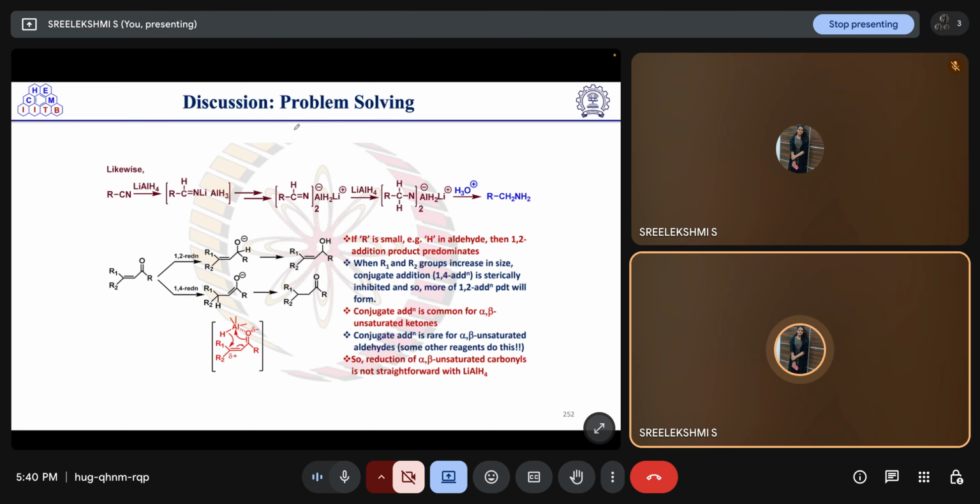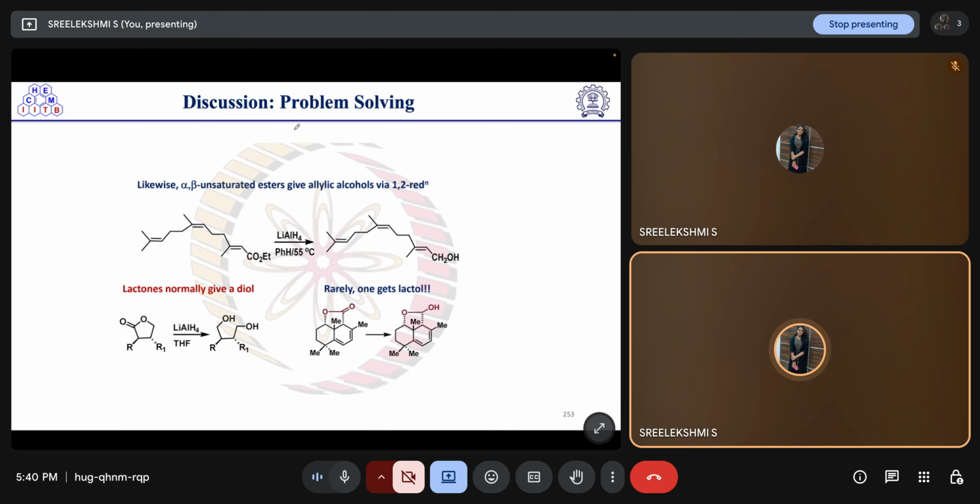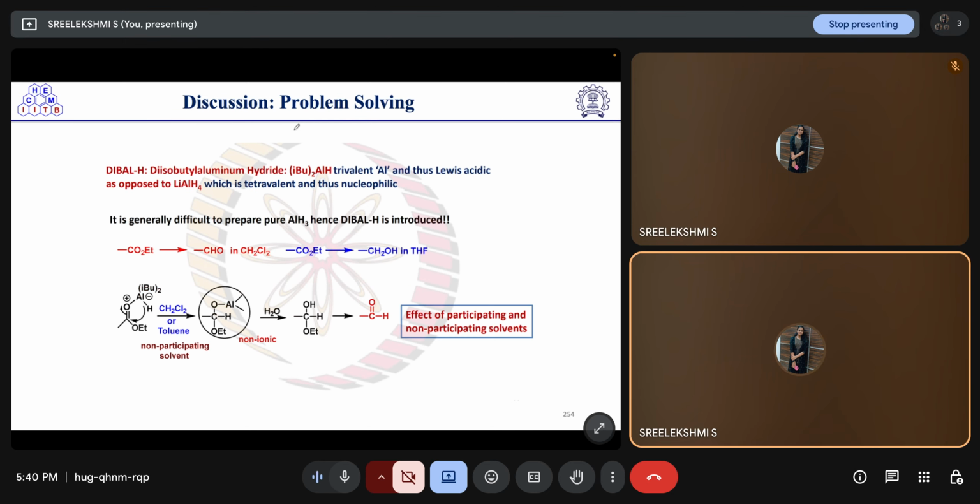So this is the mechanism of LAH reduction of nitriles. I am not going into the detail, and these are some examples. Then we have seen another reagent, that is DIBAL-H, which is a trivalent aluminium and thus Lewis acidic, as opposed to LAH, which is tetravalent and thus nucleophilic.